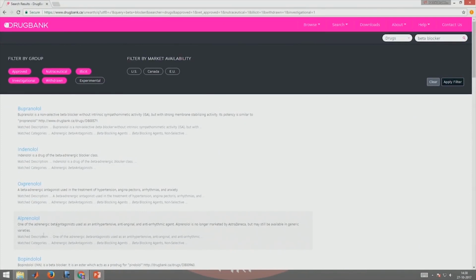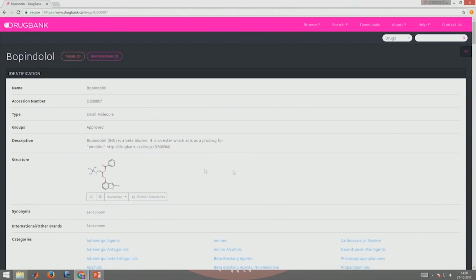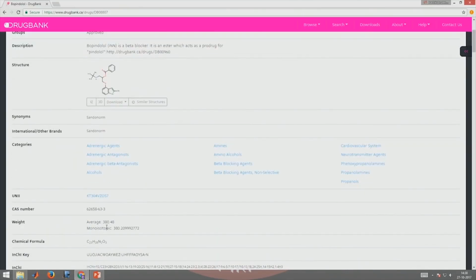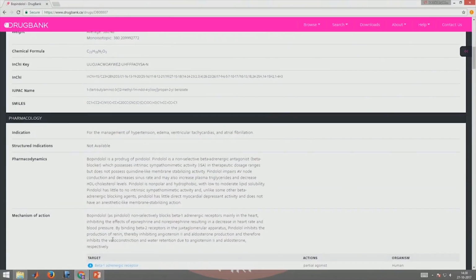For example, let me click on one of them. Okay. So, it gives the structure of this molecule, and then approved, it is a beta blocker. And then international and other brand names, because companies sell it as brand names. What is the molecular weight, chemical formula, then pharmacological details.